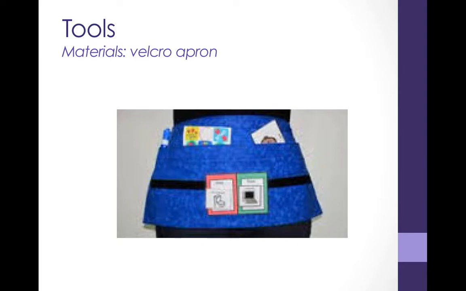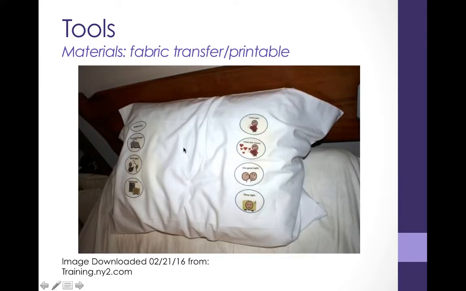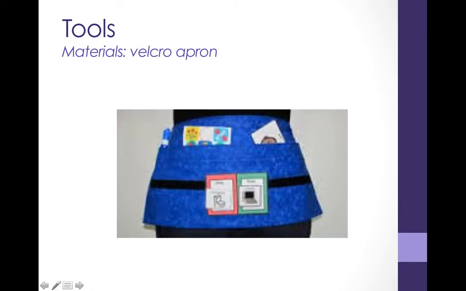Okay, this actually is a regular apron that has had Velcro added to it, and you can put the symbols inside the pocket and then pull out the ones that you need. I actually like to use that Velcro sensitive fabric to create an apron so that the whole thing is Velcro sensitive.